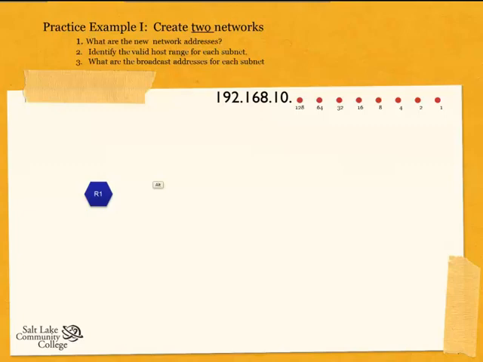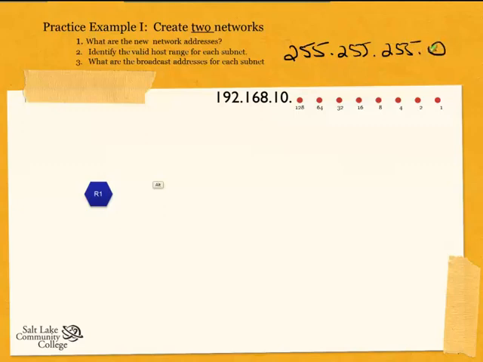So how do we tell the system that we're borrowing bits? You tell the system that you're borrowing bits from the host portion by changing the mask. So like I said, the default mask that we're dealing with here is 255.255.255.0.